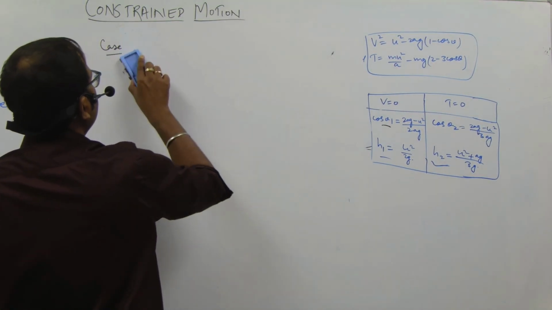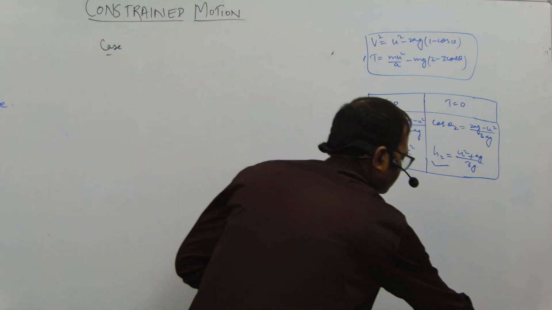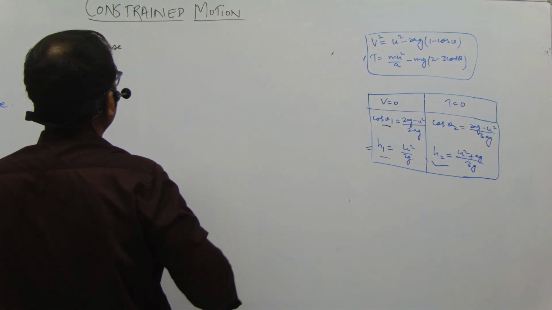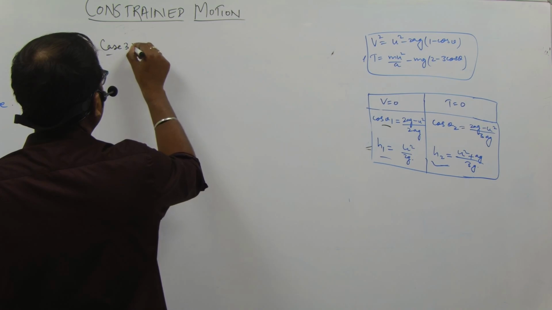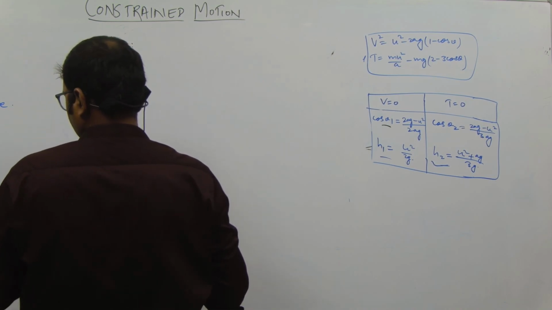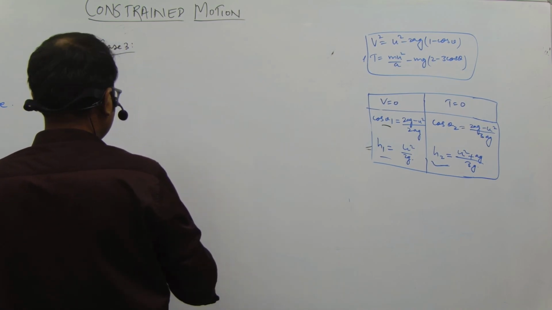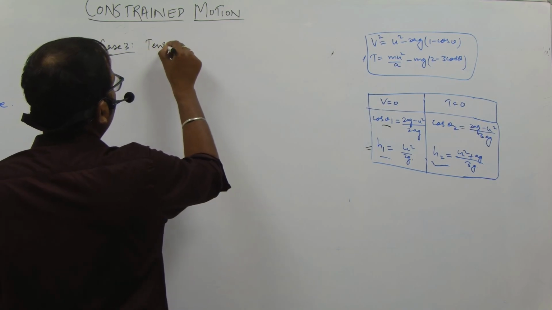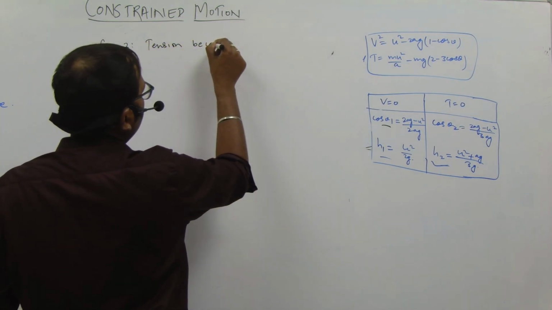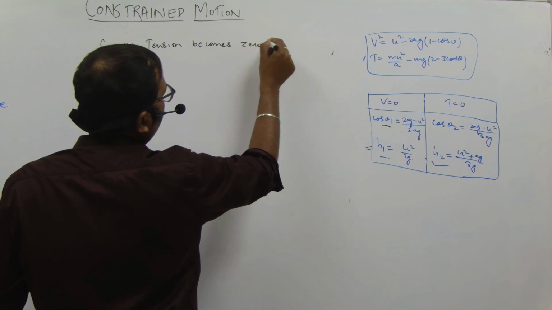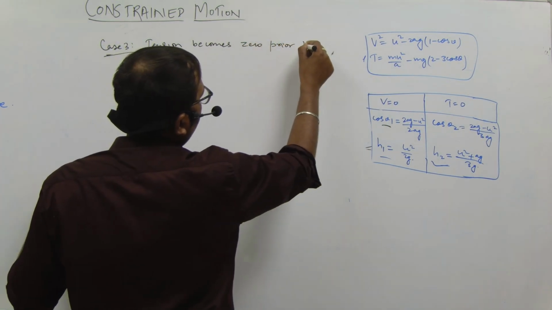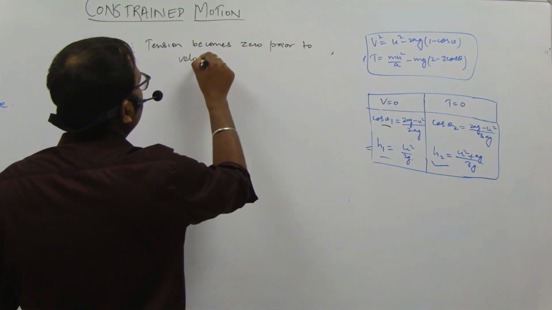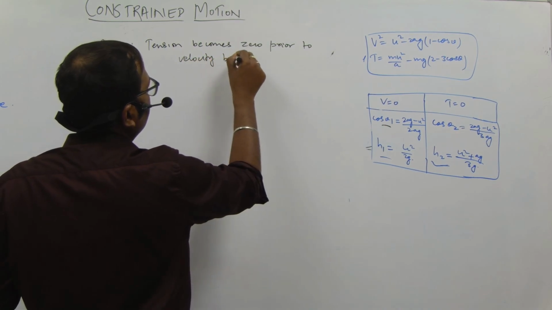Okay, let us discuss case 3 once more. What was there in case 3? Tension becomes 0 prior to velocity becoming 0.